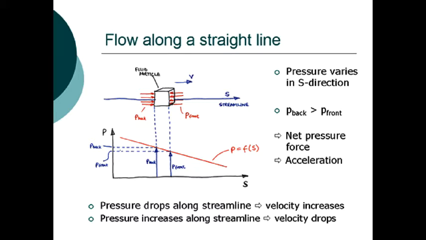We learn that we have a net force which is forward, to the right in your picture. This pressure is bigger than that, so we must have a net force to the right. And according to Newton, F equals m times a. Because we now have a net force, we clearly must have an acceleration. And in which direction is the force? It's forwards. So the particle will accelerate. It will go faster. So we have pressure dropping along the streamline. That's this example here.